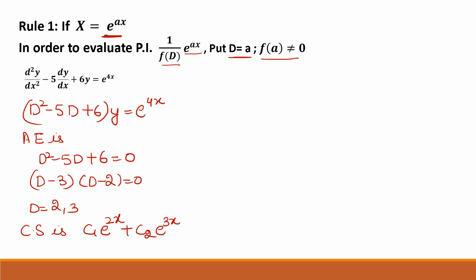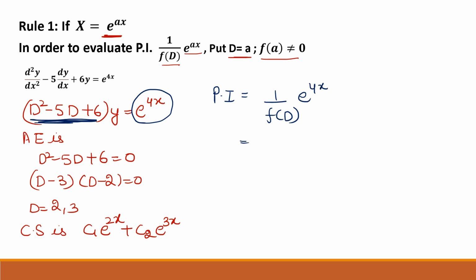Now next is to find the particular integral. According to the rule, the particular integral will be 1 over f of d into whatever function we have on this side, that is e power 4x. This is your f of d. So 1 over d square minus 5d plus 6, e power 4x. Now according to the rule, I have to put d equals a. Here in this case, a is 4.